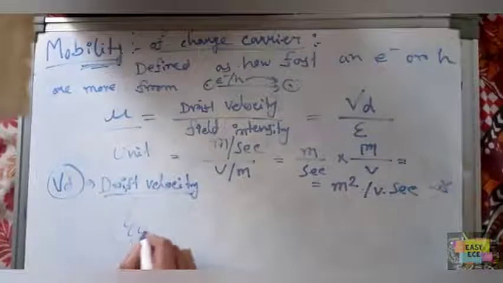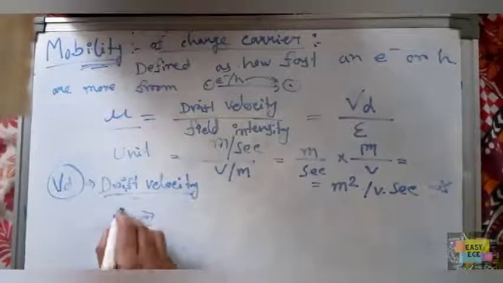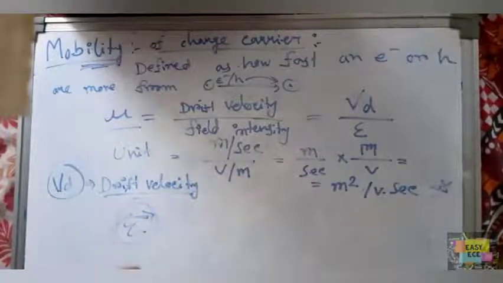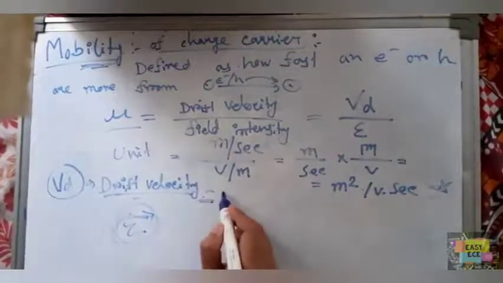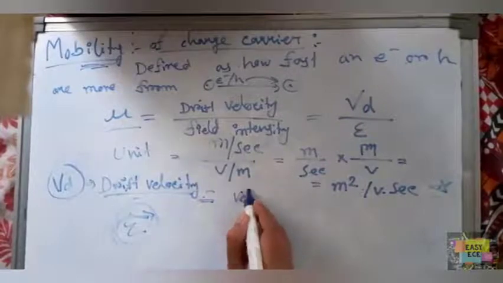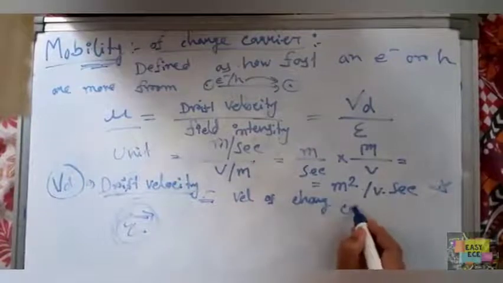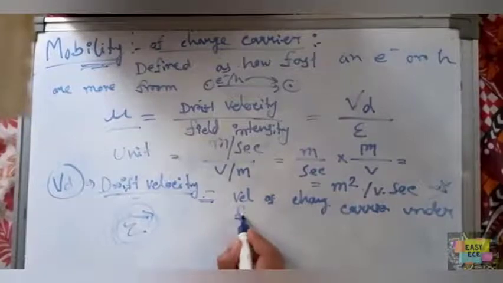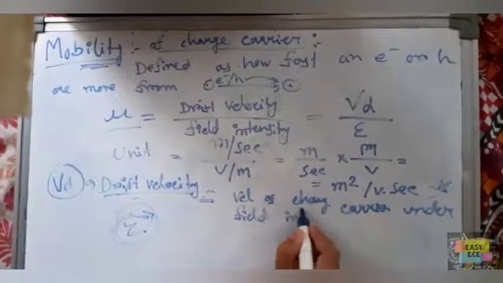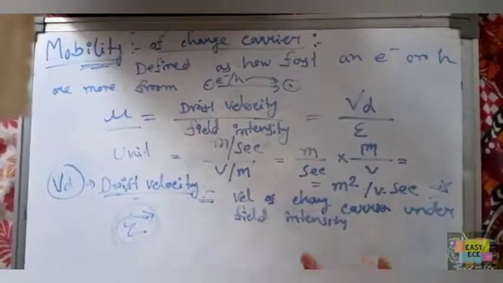Under an electric field, the speed of the charge carrier from one point to another is called drift velocity. Write down the definition: the velocity of charge carrier under field intensity.